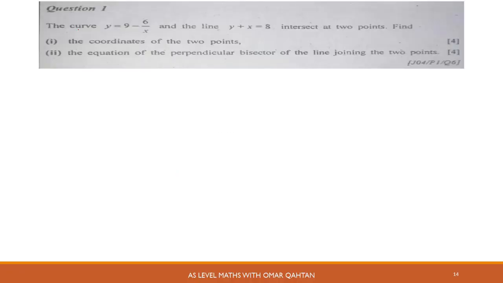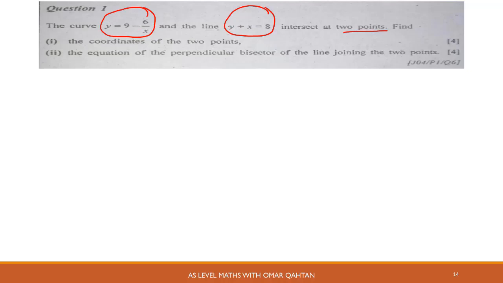In this question, the curve y equals 9 minus 6 upon x and the line y plus x equals 8 intersect at 2 points. Find the coordinates of the 2 points. This question seems pretty simple because a line and a curve are intersecting, and we just have to look for the point of intersection.